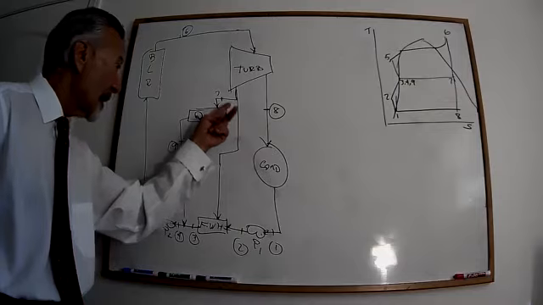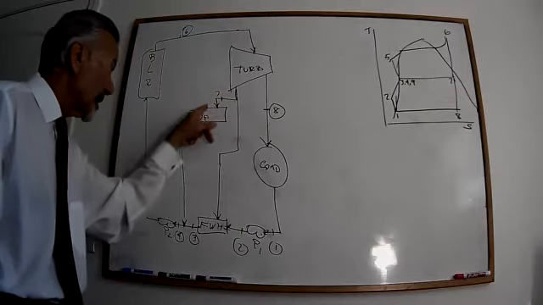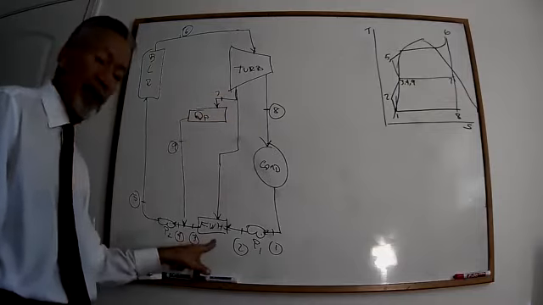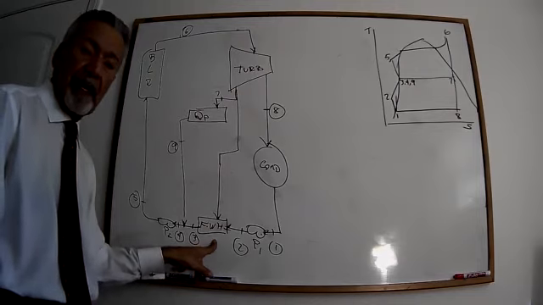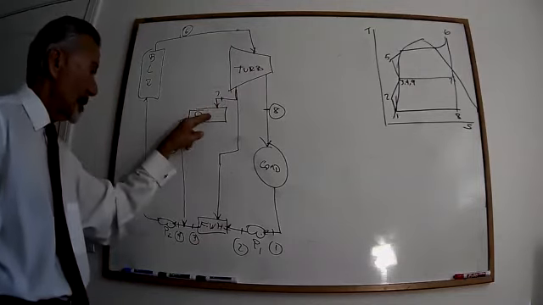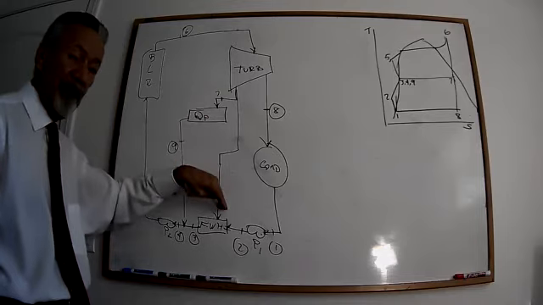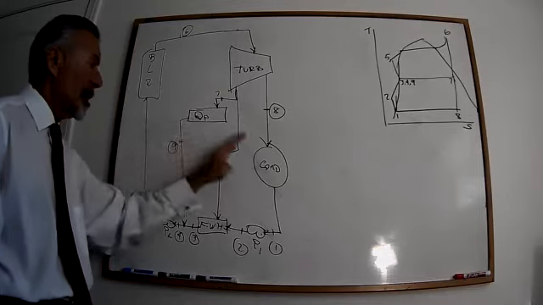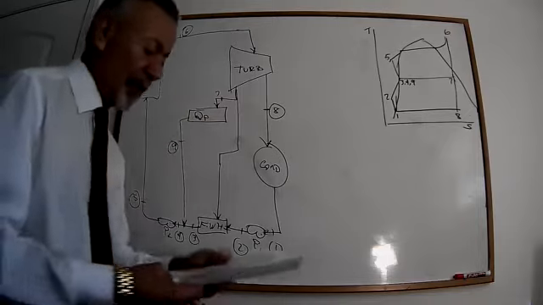And they don't identify this point 7 that goes to cogen, how much of it goes there and how much of it comes to the feed water heater. It is obvious that point 7 goes either to cogen or to the feed water heater. So it's not working at the same time.